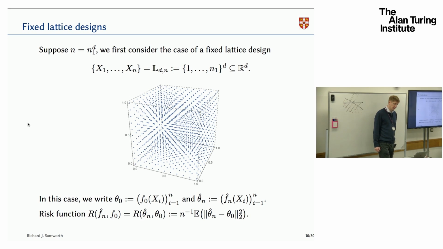In that case I can think of my true signal vector as being theta 0, and my estimator as being theta n hat, which is just the least squares estimator at the observed design points. And then my risk function I can think of as being a function of theta n hat and theta 0 rather than f n hat and f0, and it's just going to be the average squared error that I make on the design points.